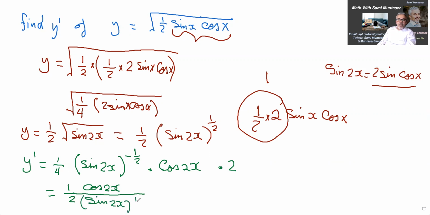And therefore my final answer is cos 2x all over 2 square root of sine 2x. And that's the answer for that one.